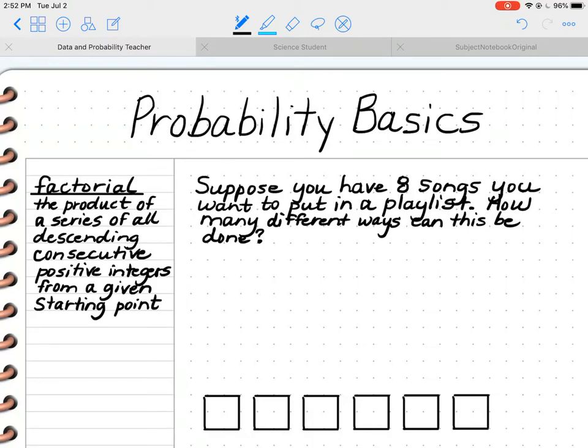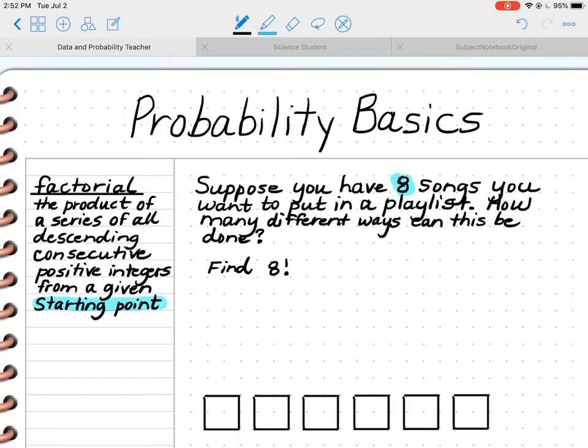Okay, here's the word problem. Suppose you have 8 songs you want to put in a playlist. How many different ways can this be done? So what you will need to do is find, first of all, our starting point is 8 because that's what they gave me in the problem.